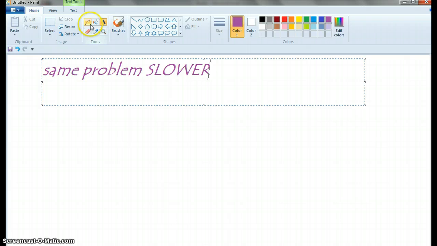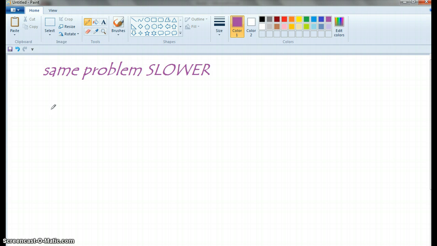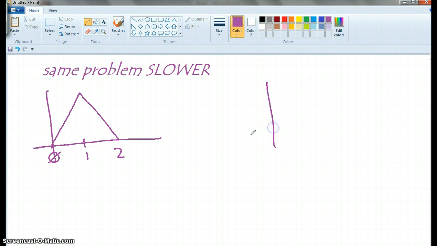Okay, I'm going to slow down by popular demand. So here's my graph. I've got 1 there, 2 there, 0 there. Compare it to the rule that's in the book.